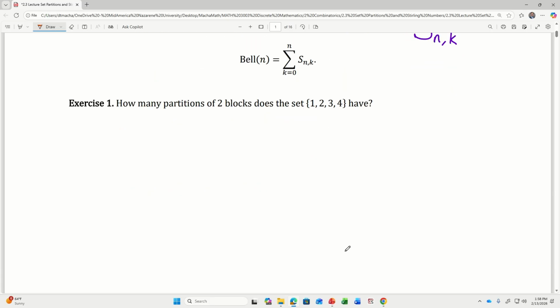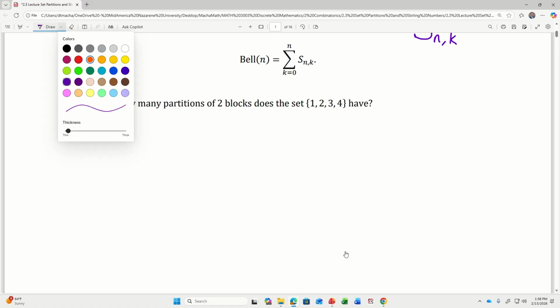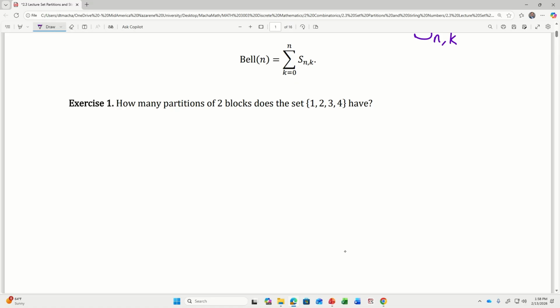Okay, so how many partitions of 2 blocks does the set {1, 2, 3, 4} have? Well, in this case, my set has a size of 4, and I'm going to have 2 blocks. And so I'm talking about the Stirling number S with the subscript 4, 2.